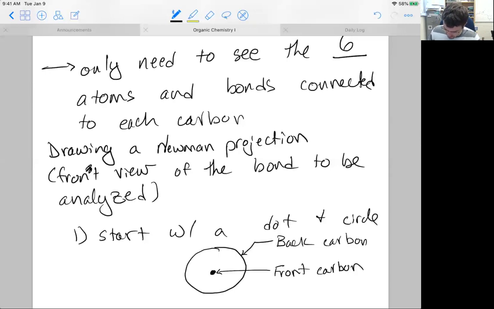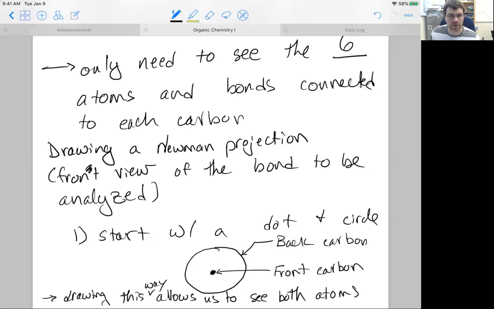So these are truly overlapped, but drawing this way allows us to see both atoms. It's just kind of awkward. We care about that bond between the 2 carbon atoms. That's the thing that's rotating, but that's not what we're focusing on as we analyze the actual conformational isomer event, or the free rotation event.